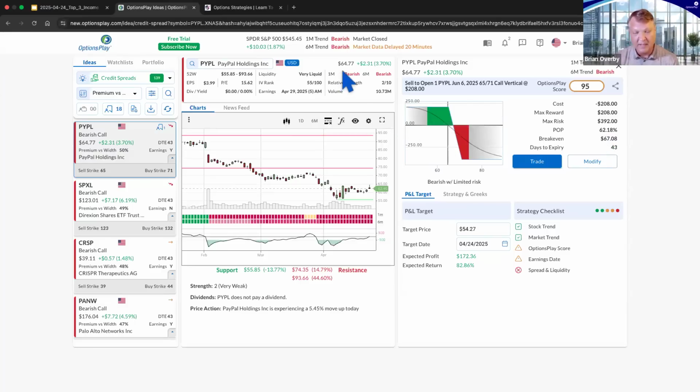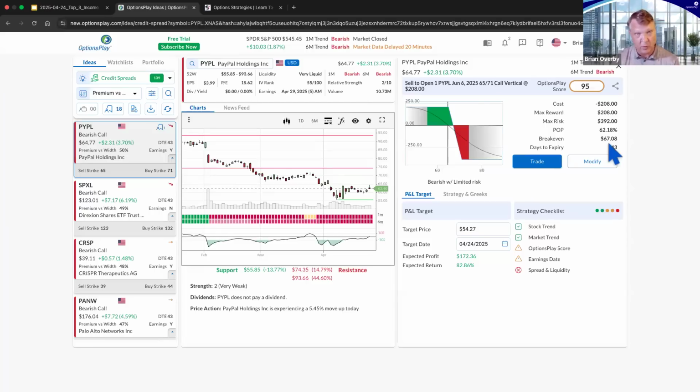Even though PayPal is at 64.77 in this scenario, we're selling the most at the money option contract. And then our break even point is going to be 67. So if the market does drift up a little bit on our trade, we still are profitable.